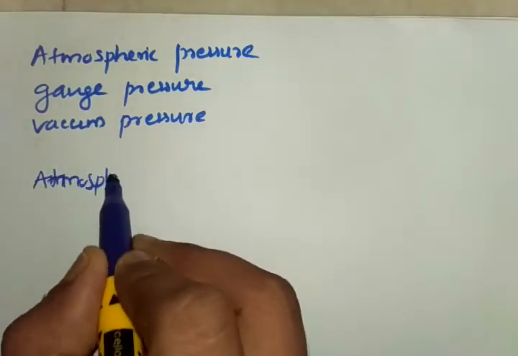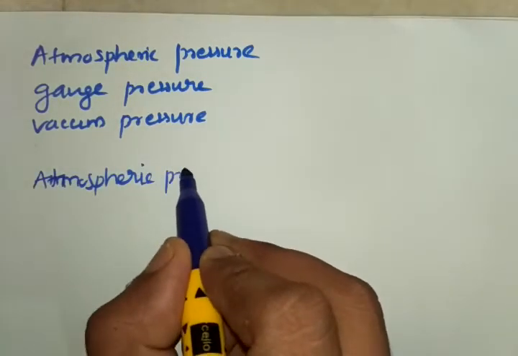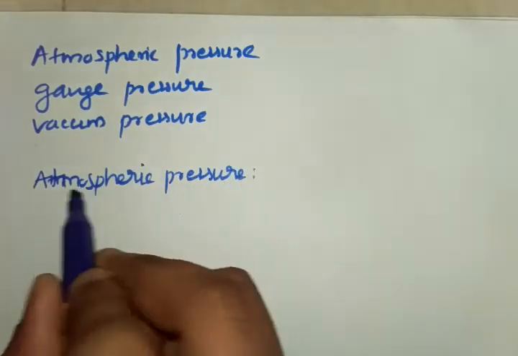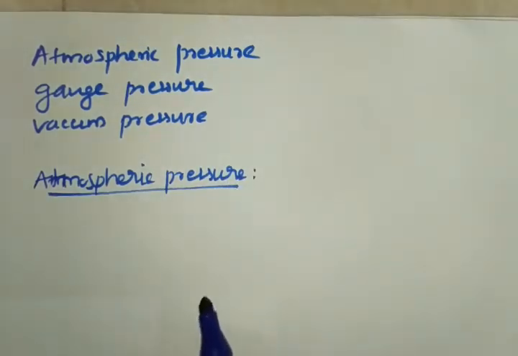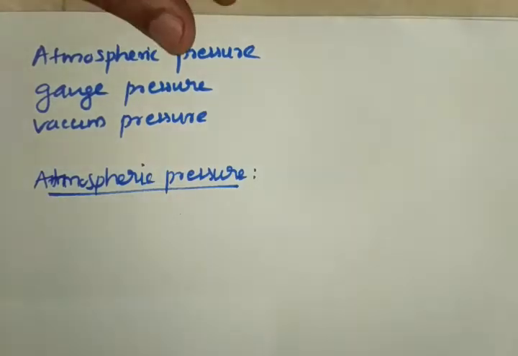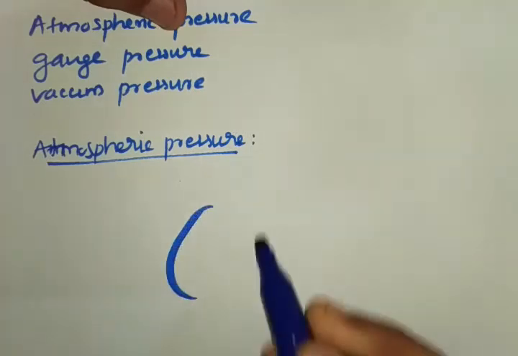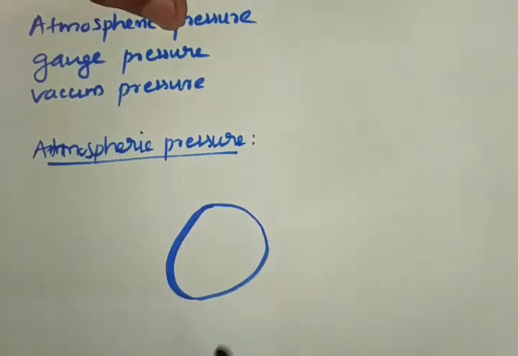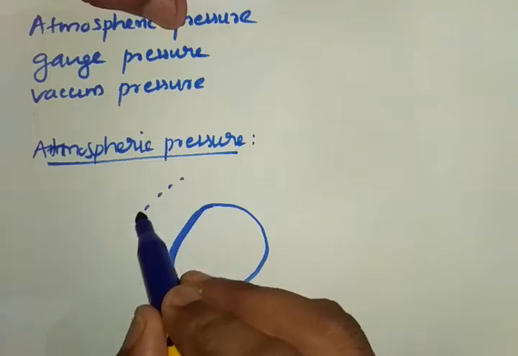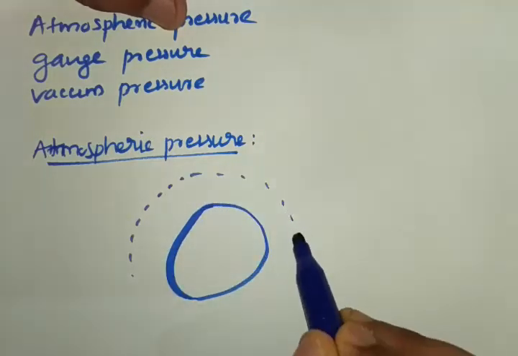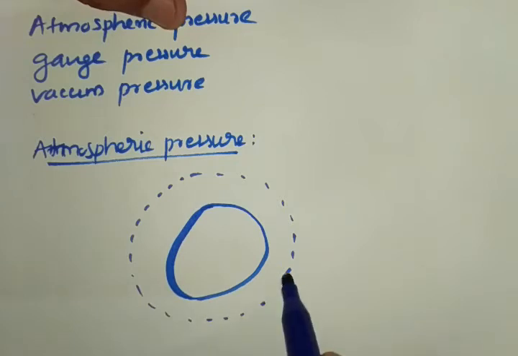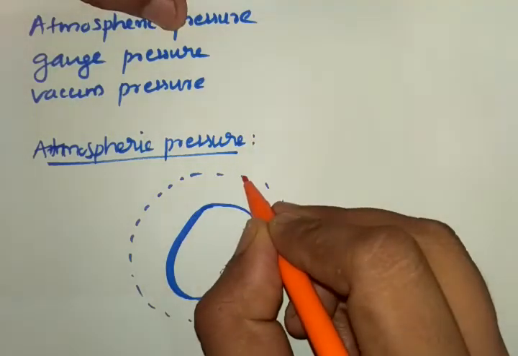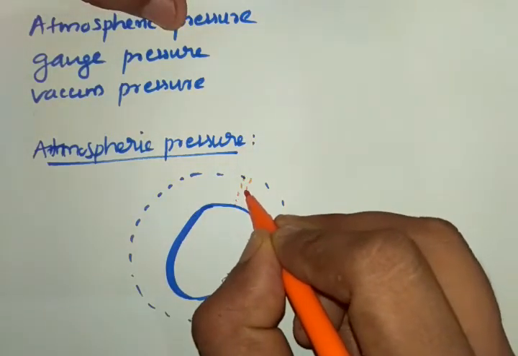Atmospheric pressure, actually, the earth is surrounded by an atmosphere. So let's take this as our earth, and it is surrounded by an atmosphere like this, and this atmospheric air is applying a force on the earth's surface.